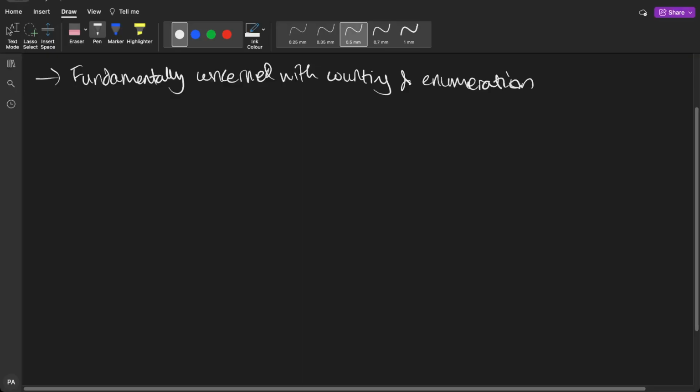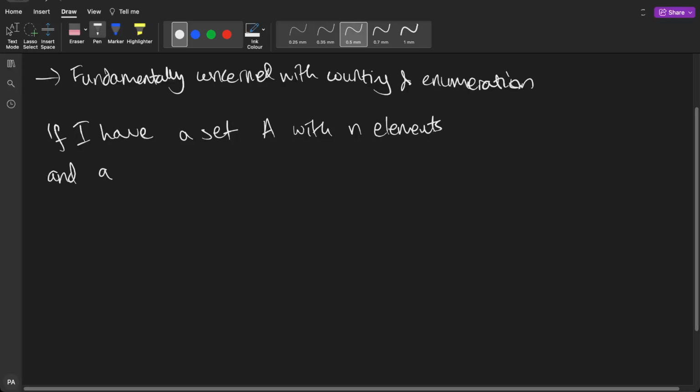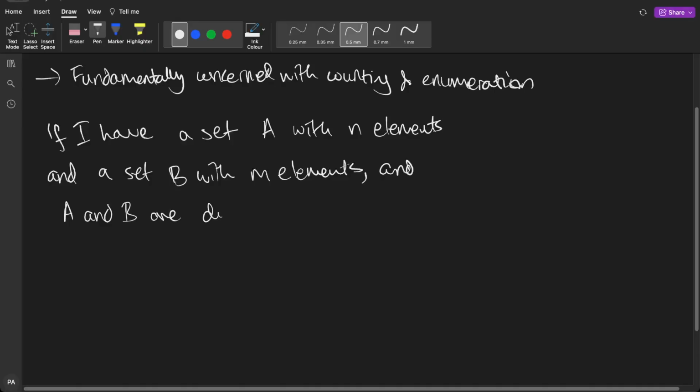And the first thing that we're going to consider is if I have a set A with n elements and a set B with m elements, and A and B are disjoint, how many elements are in the union of those two sets?